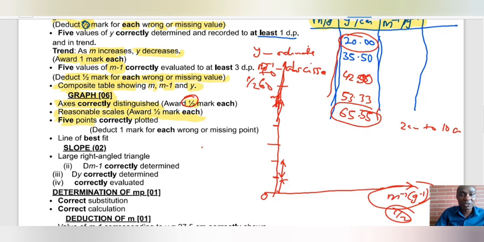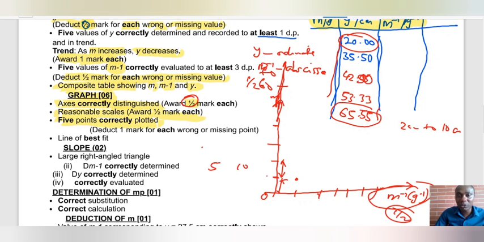For 5 points correctly plotted, meaning that for each of the points, the y-axis and the x-axis values must be correct, must correspond with each other. So if you are plotting 5 against 10, this is 5, this is 5, this must be 10.